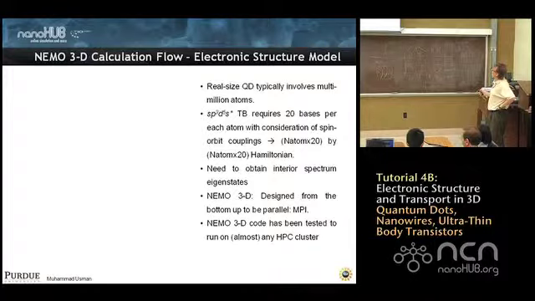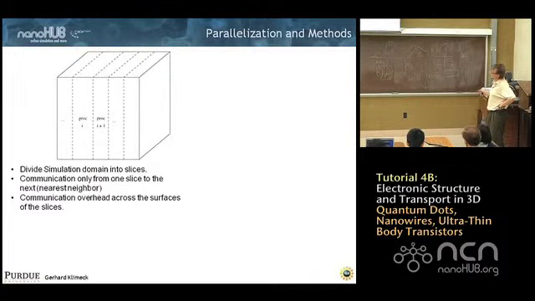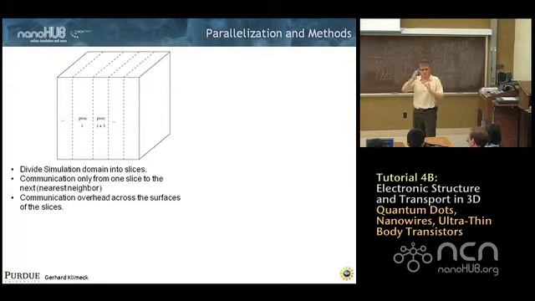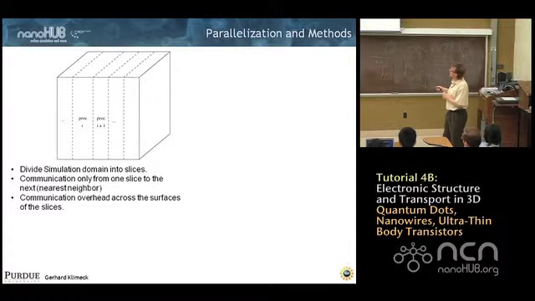And we have that working, and it can work on a variety of clusters, and it can work in parallel. So the parallelism is like that. You take a chunk of semiconductor like this, and you take it into slices. Think of a bread, and you slice it. And since we really have only nearest neighbor interactions, we only need to communicate from one slice to the next, only with the atoms that are on that slice.